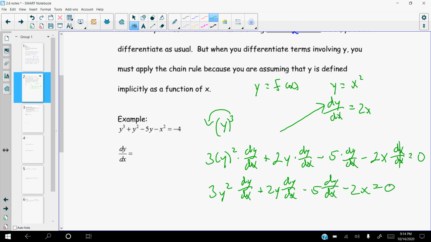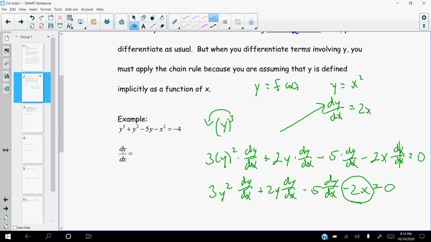Now, let's simplify this a little bit, because everything that I just told you there sounded a bit confusing. The easiest thing to think of is if it's just got x's in it, or if it's just got your independent variable in it. And by the way, you can always tell what the independent variable is in the derivative. It's the one on the bottom. If it's just got that variable in it, you're just going to take the derivative like normal. And that's what happened here. We ended up just getting a minus 2x when we took the derivative of minus x squared.